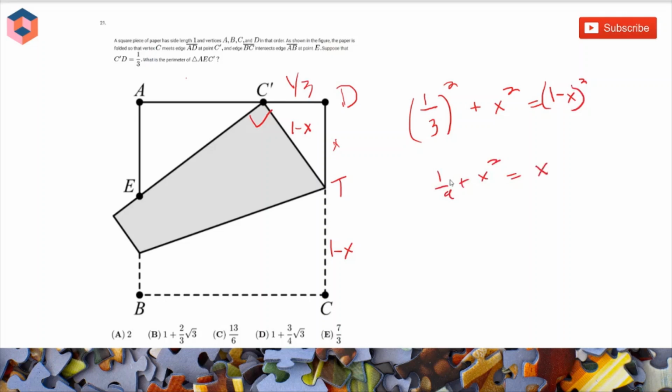Using our a plus b rule from before, we have x squared minus 2x plus 1. Thankfully, the x squared term cancels out, and we're left with 2x equals 8/9. We added 2x to both sides and subtracted 1/9 from both sides. So x equals 4/9. So now I'm going to erase a lot of this stuff.